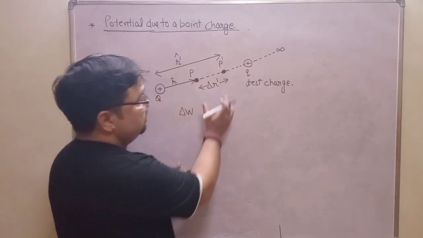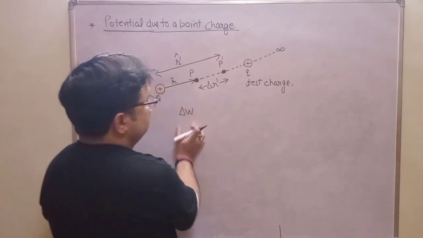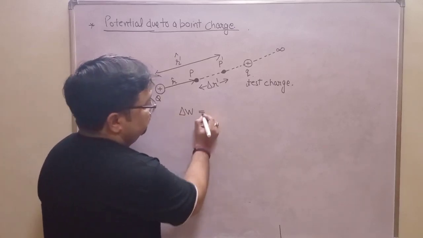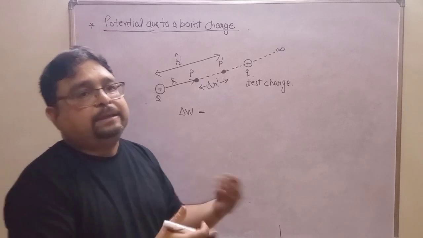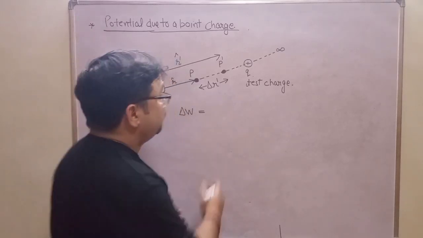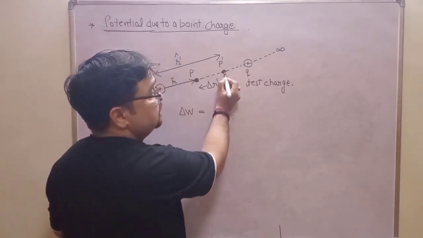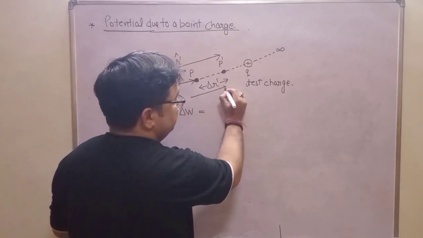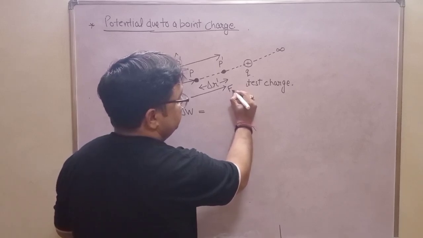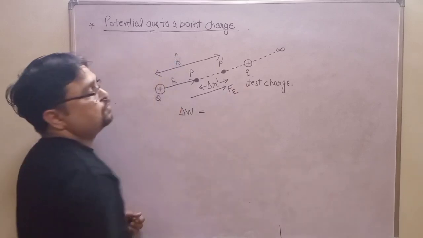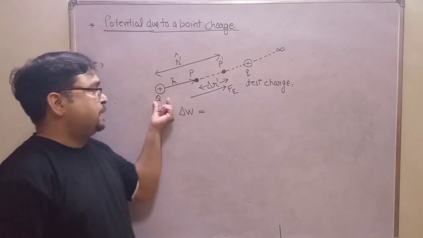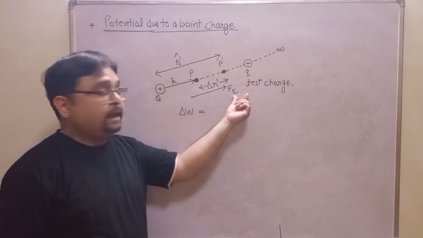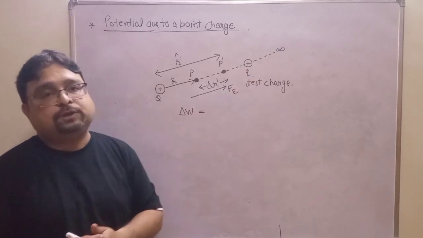We want a small work done in moving a small distance P dash to P. In moving test charge a very small distance delta r dash, the work done will be very small, delta W. This work done will be equal to force multiplied by the displacement. Now the force, suppose this positive charge is at point P dash, the force will be in this direction and this force will be electrostatic force, because this capital Q charge will exert electrostatic force on this small q charge.